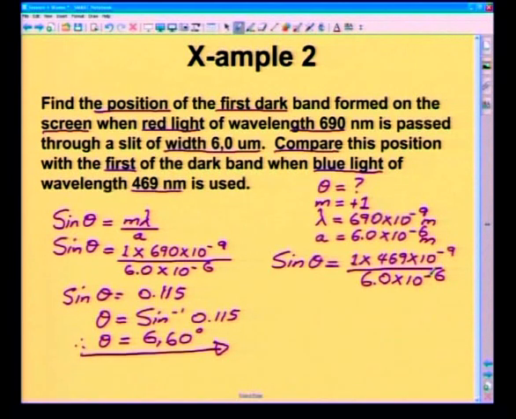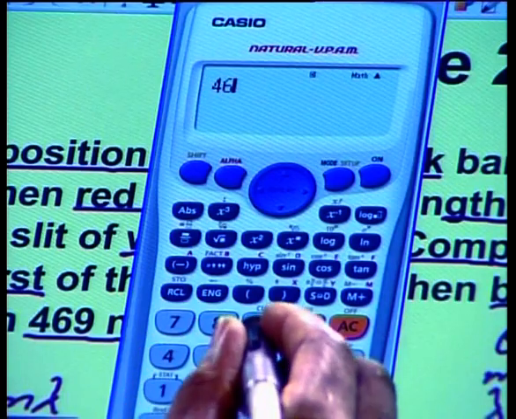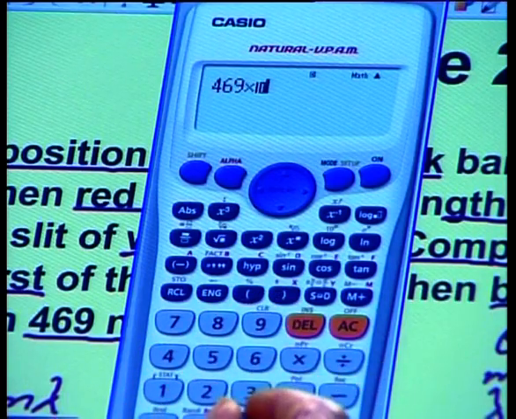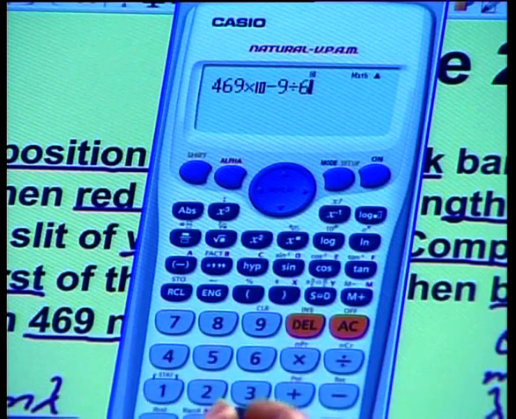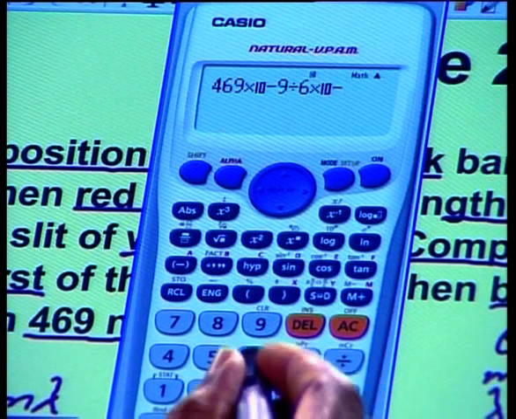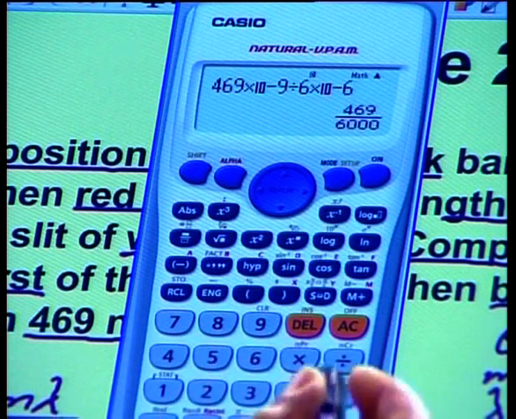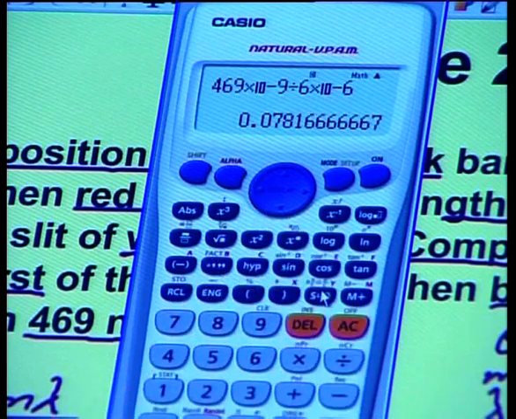So it's 6.0 by 10 to the power minus 6. Let's work out what that is going to be: 469 by 10 to the power minus 9 divided by 6 by 10 to the power minus 6. And that gives us the answer.